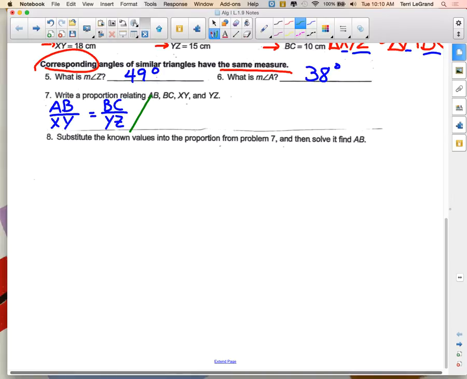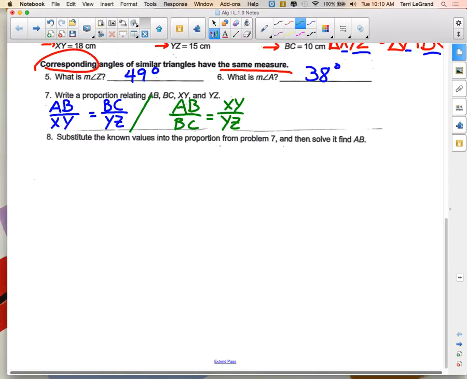Okay, let me propose to you, could I do this? Could we do AB to BC is equal to XY over YZ? Could we compare a side within a triangle to another side within that same triangle, and then do the same thing in the other triangle? And where are the corresponding sides in relation to each other in this proportion model?